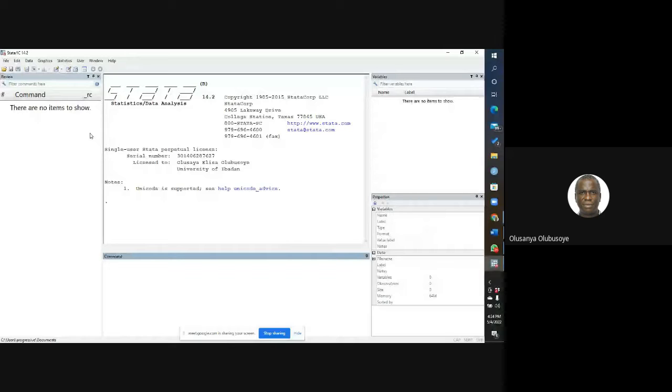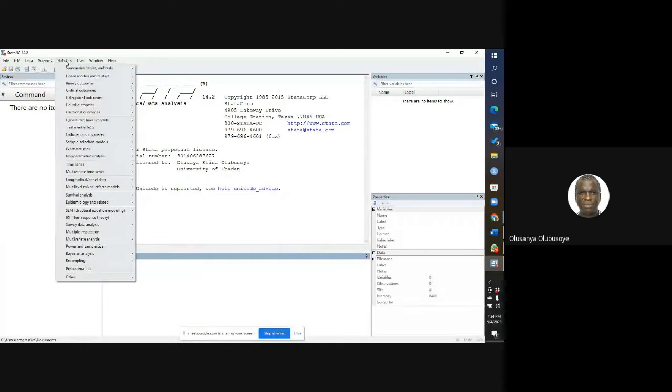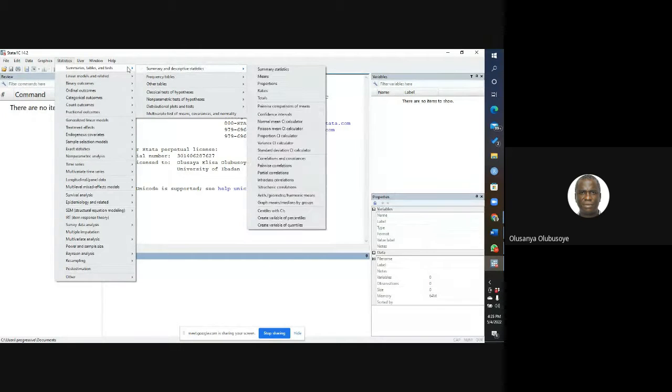Here we have the starter window. And if you have your own, you will simply move to the statistics menu, and you will scroll down the first line there, the first arrow.